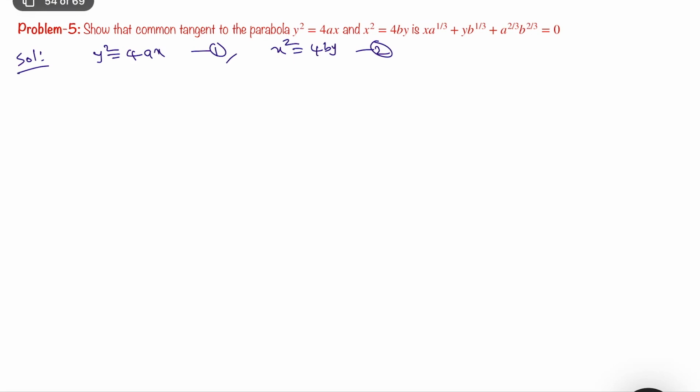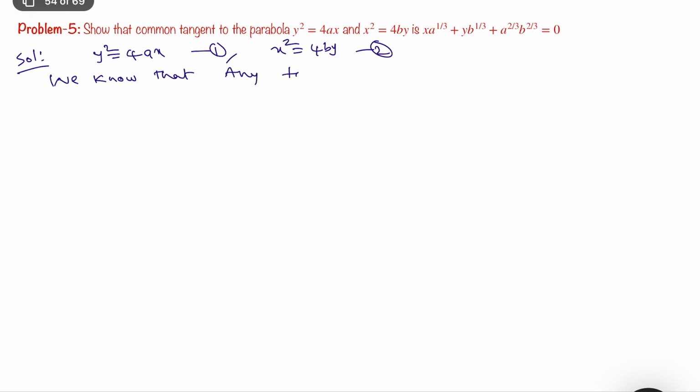First of all, we know that any tangent equation to the parabola y square equal to 4ax will be in the form y equal to mx plus a by m, for m not equal to 0.